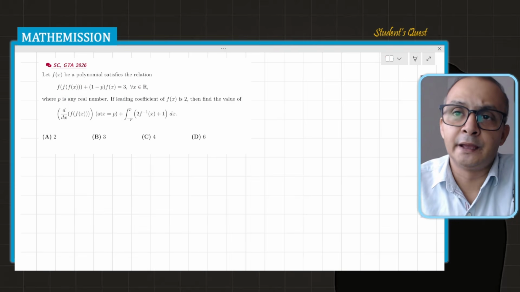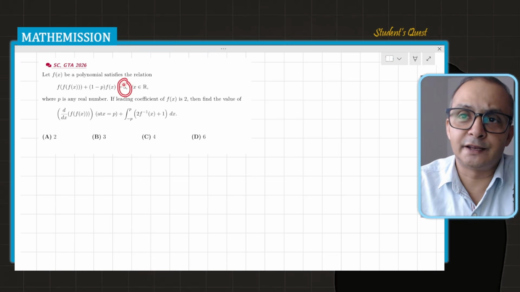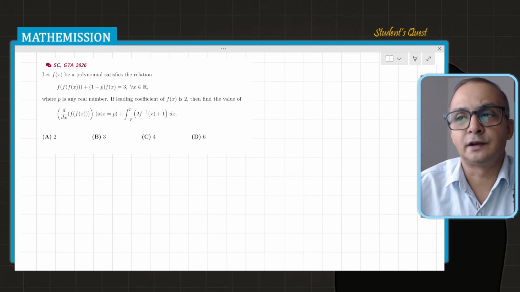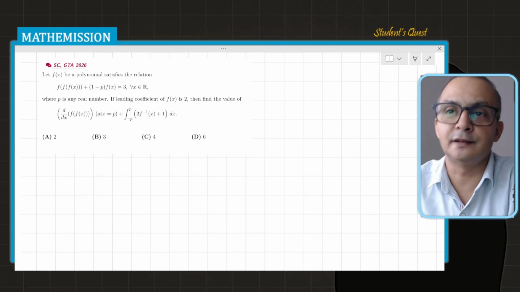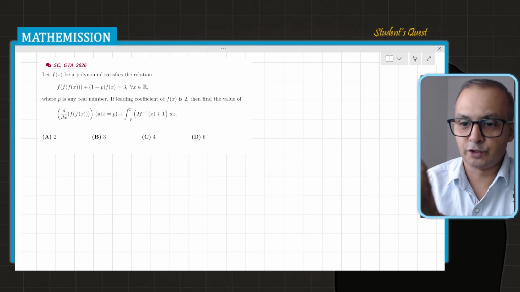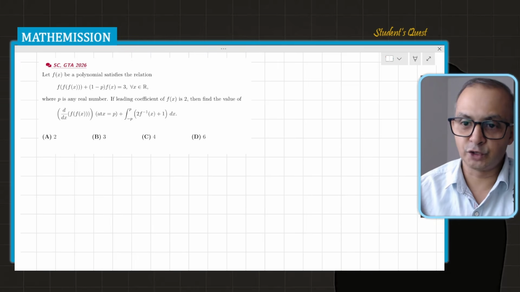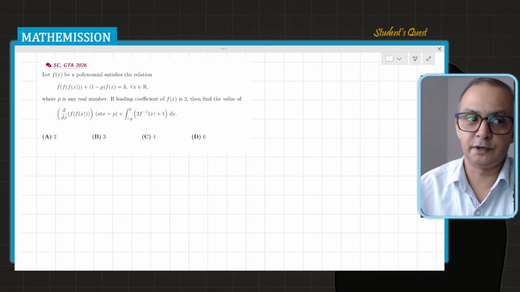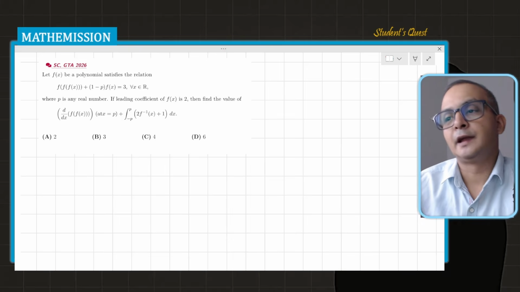Why? Because there is no chance to get a constant if you take the composition of any polynomial whose degree is more than 1. Suppose you are making the composition of degree 2 with degree 2, it will become degree 4, and so on.